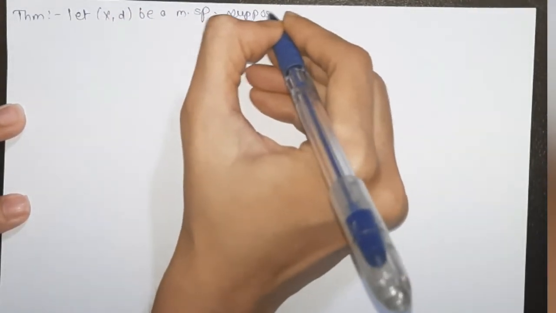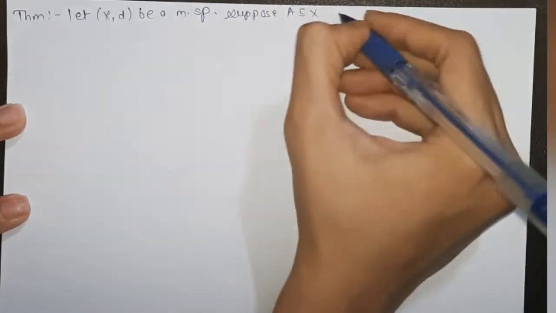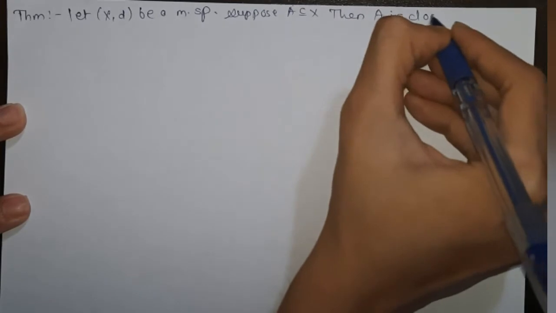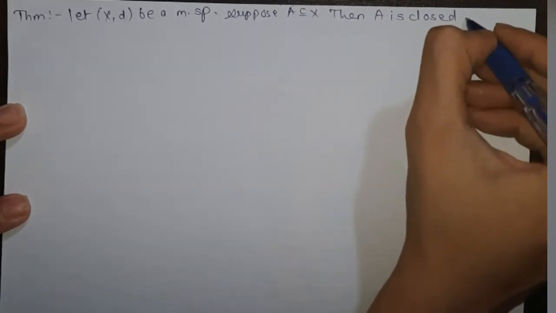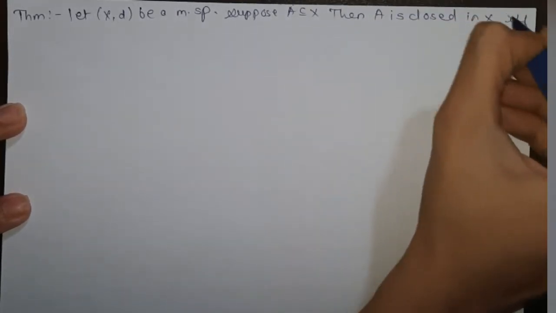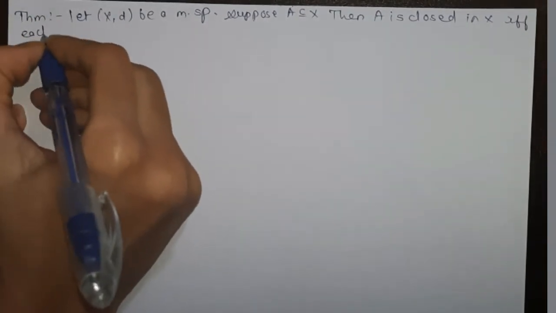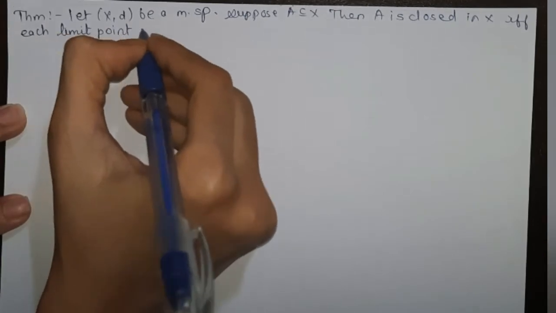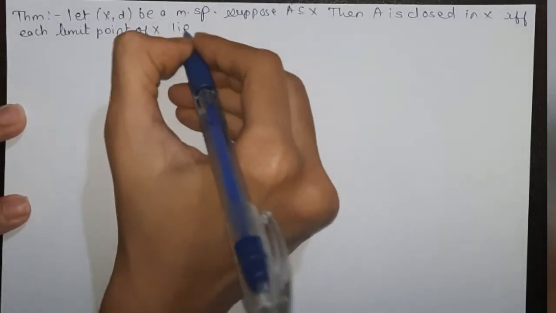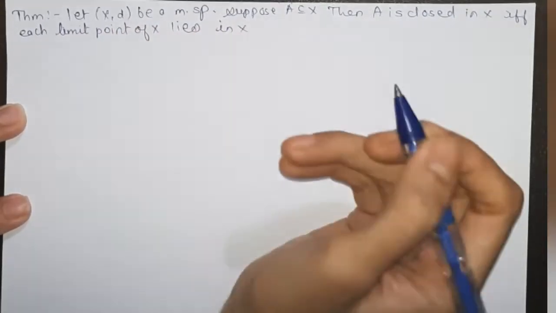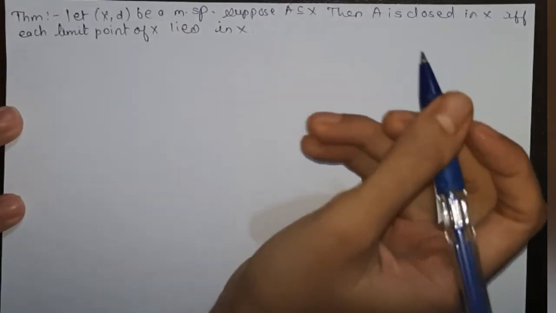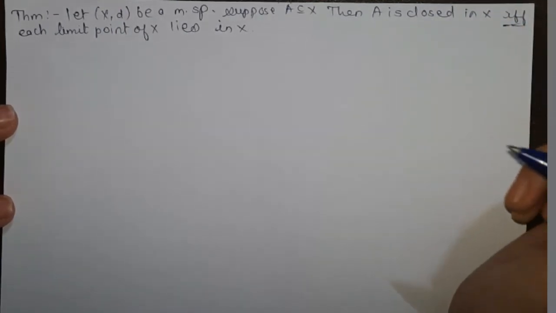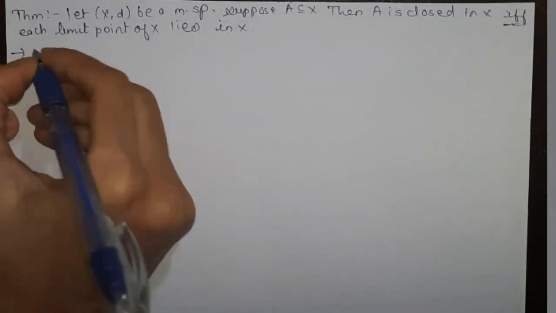Suppose A is a subset of X, then A is closed in X if and only if each limit point of A lies in A. Okay, this is an if and only if statement, so we have to prove both conditions. So let's prove this.